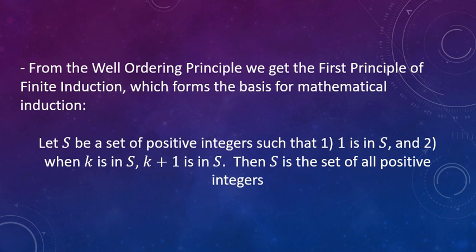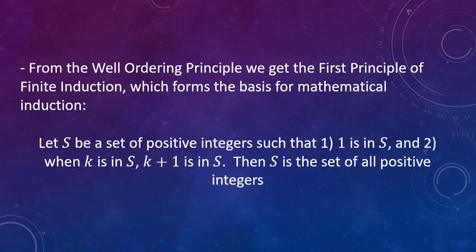Property number one, saying that 1 is in S, you can think of as knocking down the first domino in that line. And property number 2 says that if you know that you have a particular positive whole number in your set S, then you know that the next guy is also in your set S.